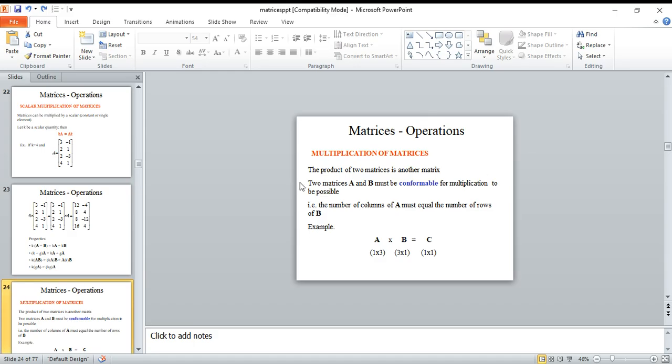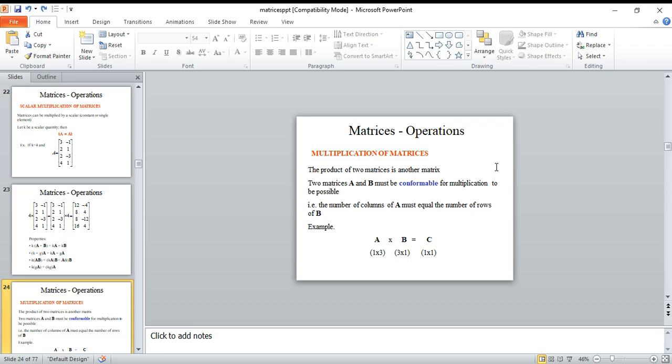Multiplication of matrices. The product of two matrices is another matrix. Two matrices A and B must be conformable for multiplication to be possible.